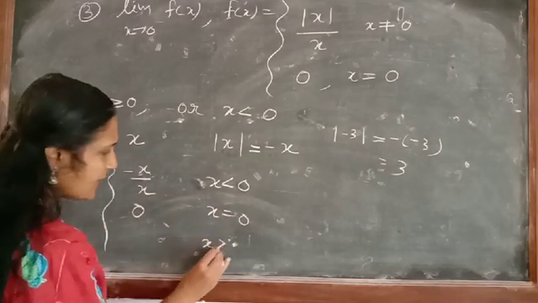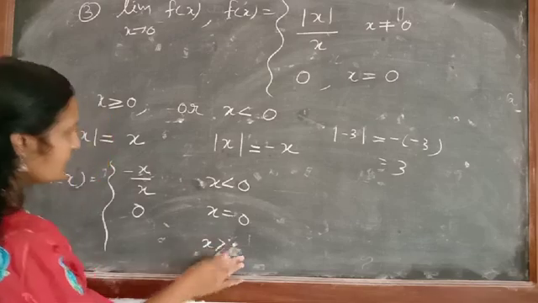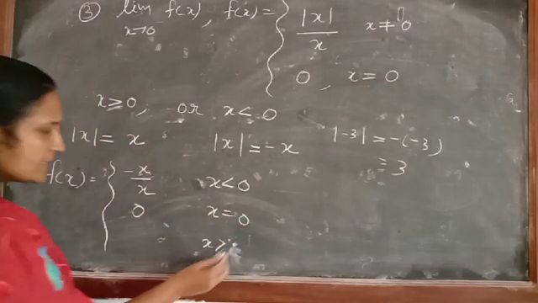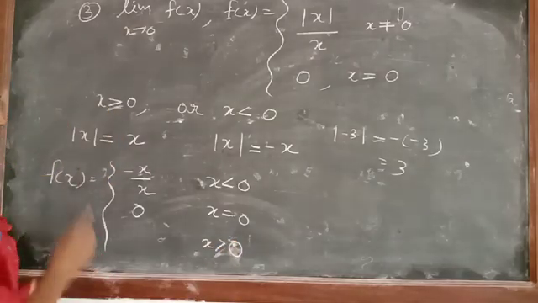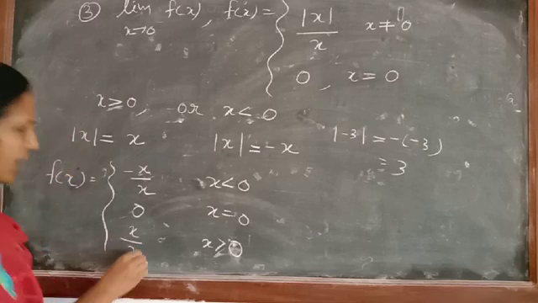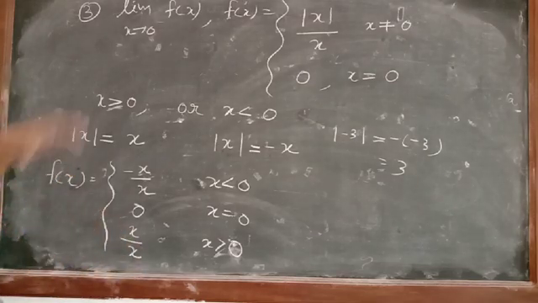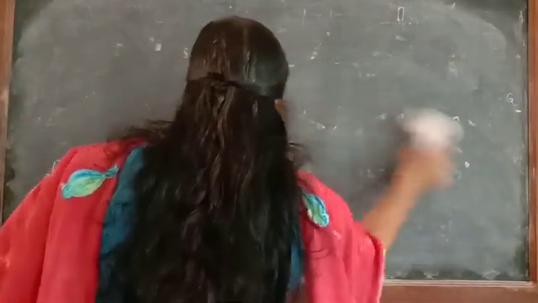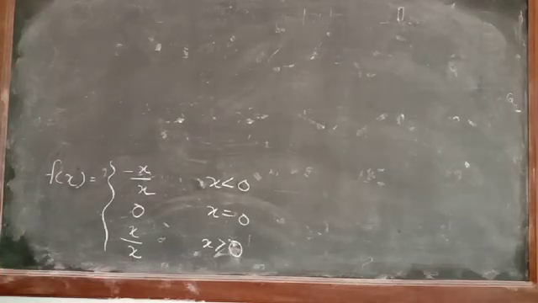And when x is greater than 0, here we don't need the equal to, because in this condition it is given. When x is greater than 0, mod x is x, so we will get x by x. So we have rearranged the given question in this way so that it will be easy for us to calculate the left hand limit and right hand limit.